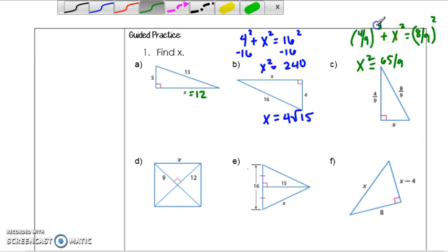So if we square, that's 16, that's 64, and squaring that and then subtracting it from that, which is the same base, so it's pretty easy to do that. And then doing the square root. So x is going to equal the square root of 65/3. So we'll square root the top, square root the bottom.